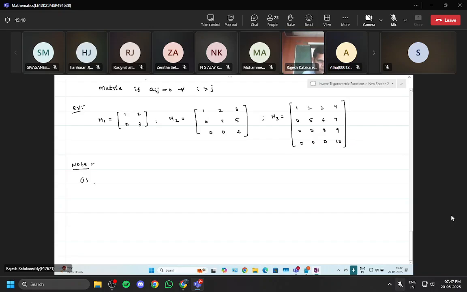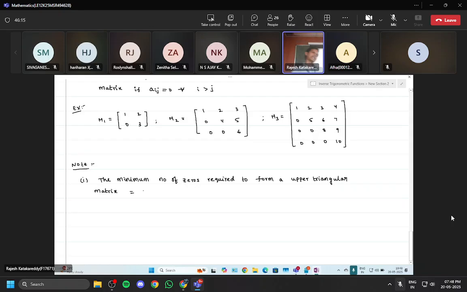So the minimum number of zeros required to form an upper triangular matrix is equal to... Listen carefully.